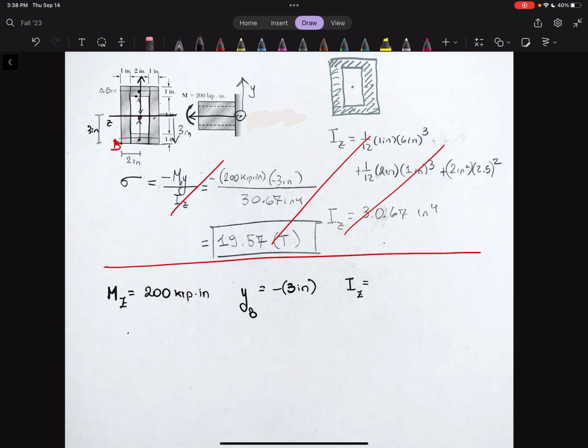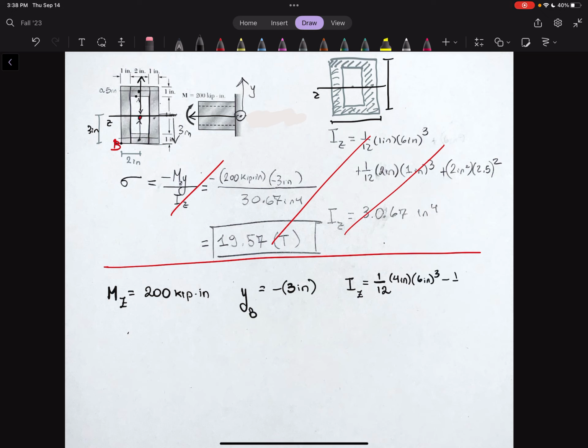So what you can do is you can say 1/12 times whatever this dimension is, which we said is 4, times 4 inches times this dimension. Remember, this is the axis along which we're rotating. So the vertical dimension is the one that we are cubing. And so that's going to be 4 times 6 inches cubed.